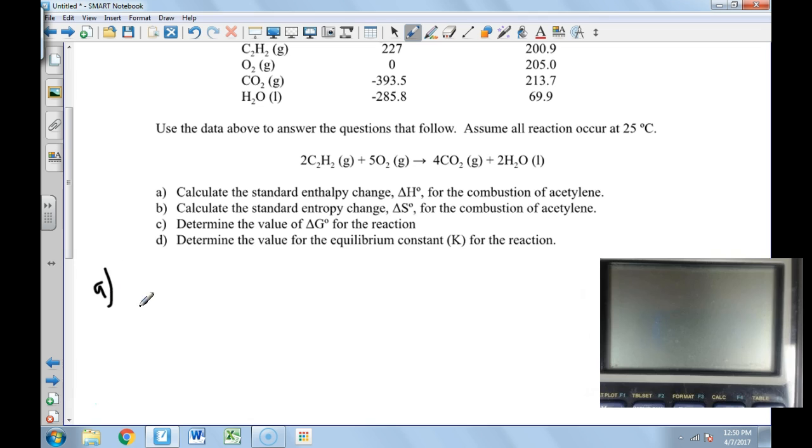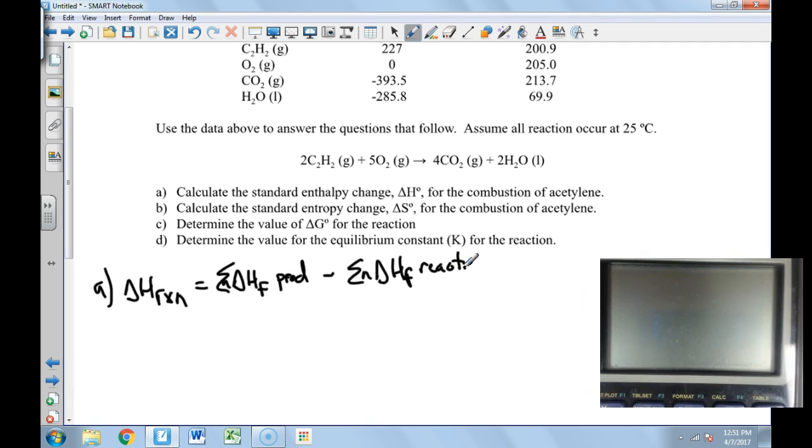So now we can do our determining delta H. So delta H of the reaction is equal to the summation of the number of moles times the delta H of formation of the products minus the number of moles times the delta H of formation of the reactants.